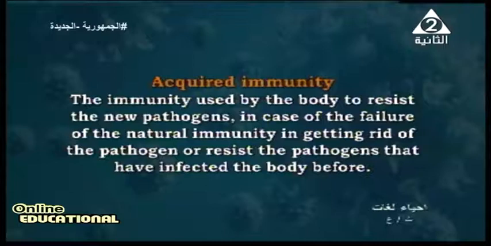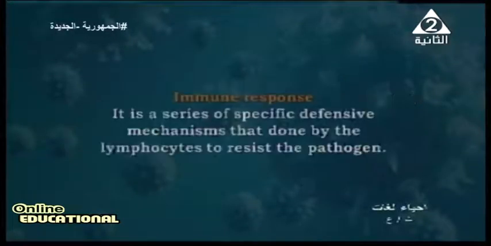If the natural immunity inside our body fails to remove this pathogen, what happens? We need another type of immunity known as acquired immunity. This acquired immunity may be from antibiotics, from a vaccine or serum.